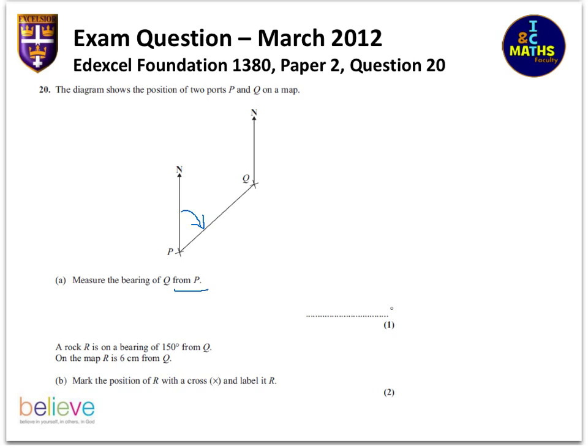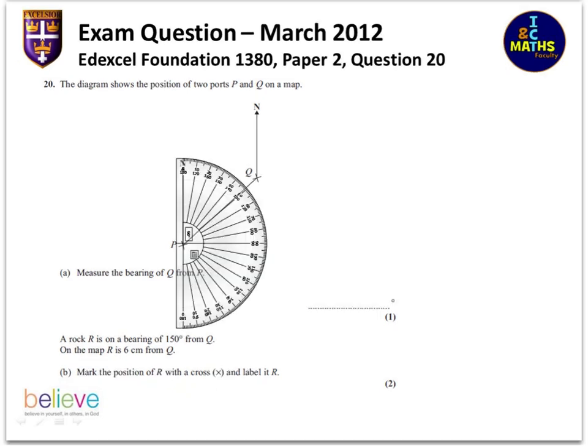In order to do that, you're going to need to use a protractor, and hopefully the next slide will show you exactly how you should line that up. Right, okay, so here we have it. The protractor is put in place. What's really key is you've lined up the 0 on the protractor with the 0 that should be the north line. Remember, north is 0, 0, 0. And you should also remember that we measure using a protractor clockwise from north going towards the line that I want.